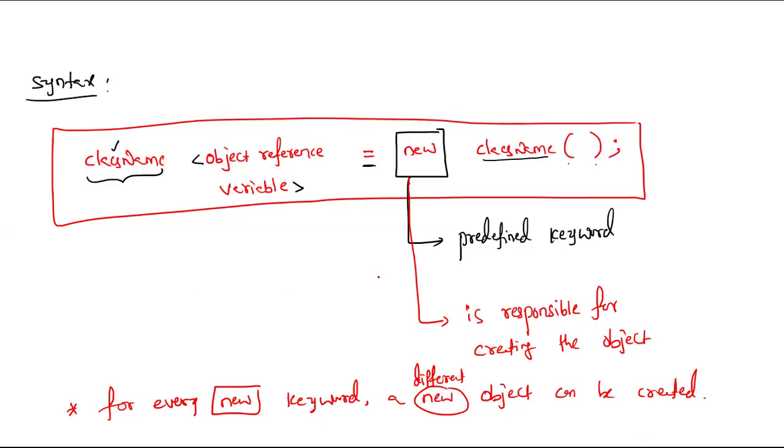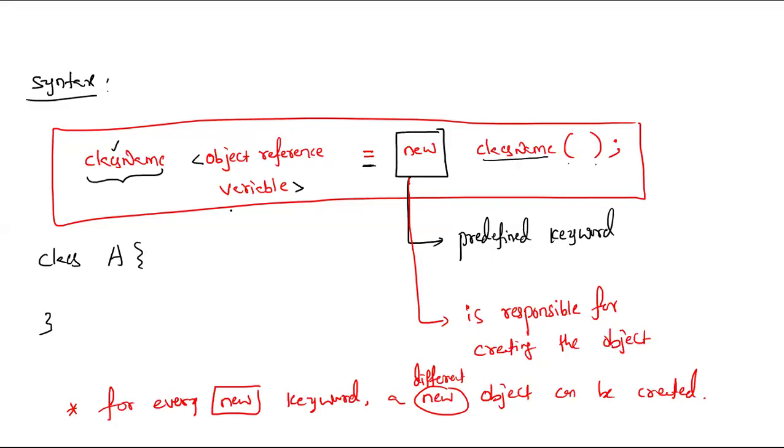Now, just to understand object creation, let me take one example. Say there is a class named A with a class body. Where to create it, we'll discuss later.